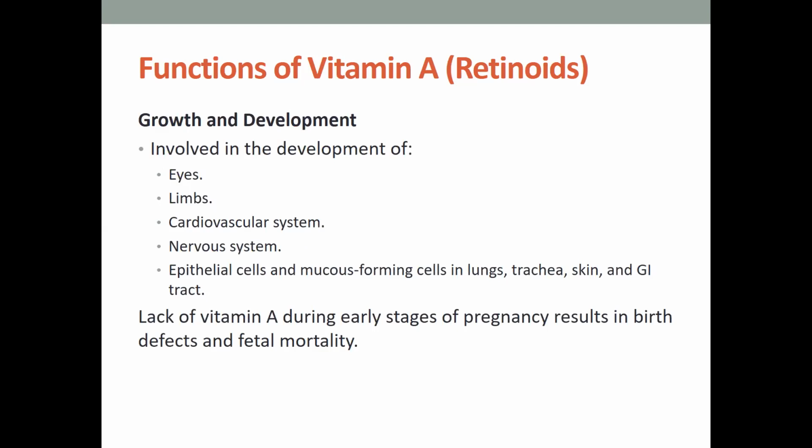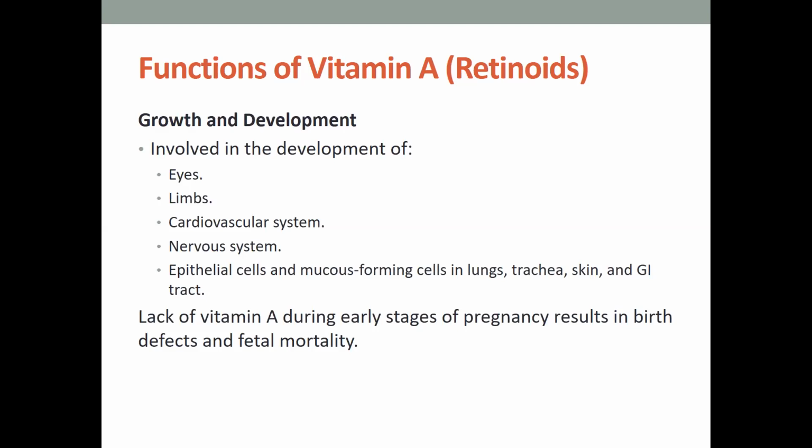So a little bit more about vitamin A and growth and development. This is really critical while a woman is pregnant. As a fetus is developing into a full-blown human, that fetus really needs vitamin A. It's involved in the development of your eyes, limbs, cardiovascular system, nervous system.